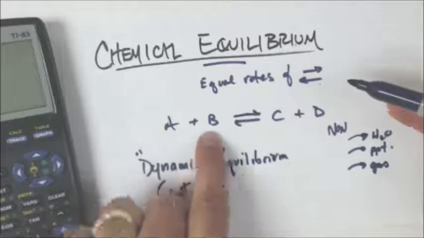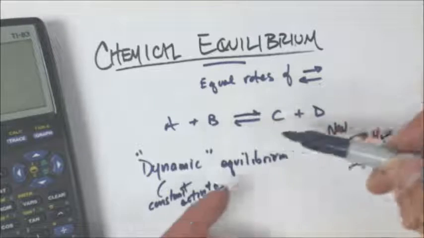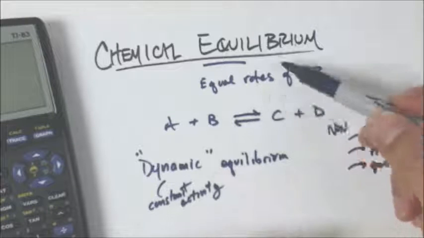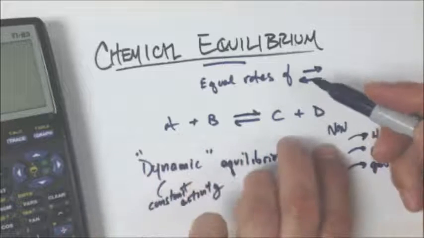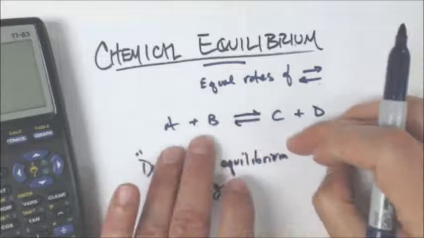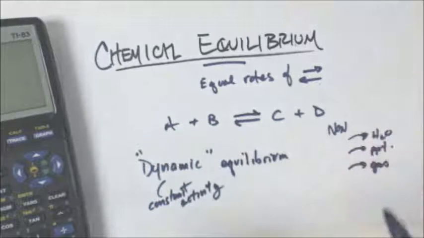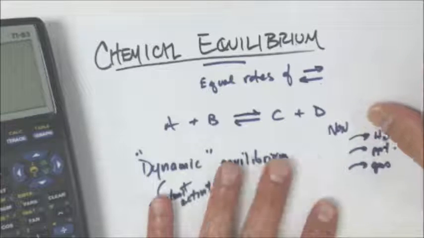That keeps happening, but C and D going back to A and B happens at the same rate. So the end result with these equal rates of forward and reverse reaction is that the amounts of A and B and the amounts of C and D don't change. They're not equal to each other, but the amounts don't change, even though they keep bumping into each other and reacting and reversing that reaction. So that's the idea of equilibrium.